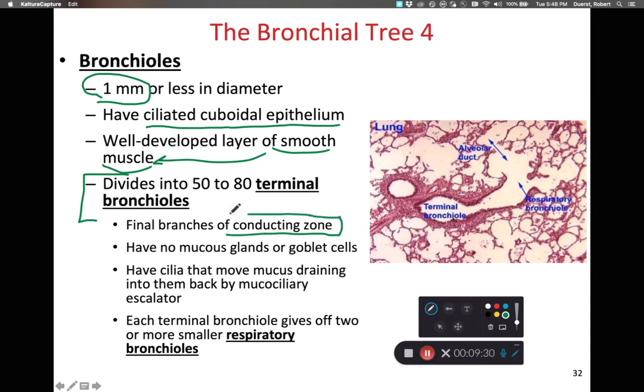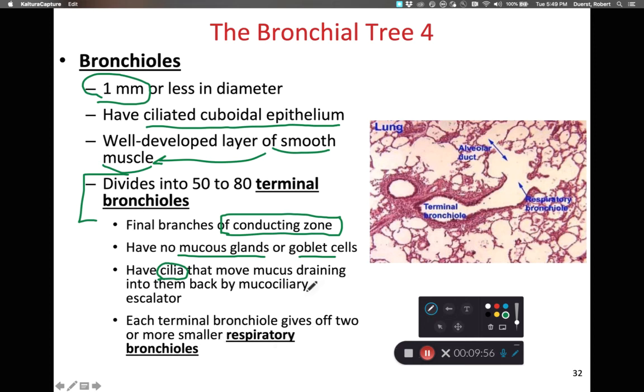If you don't remember, the conducting zone is all about moving air in and out of the body. It's not where we have gas exchange across a membrane. Our terminal bronchioles no longer have mucus glands or goblet cells, so we don't want to clog the lungs up with mucus at this point. They still are going to have cilia, so if some mucus does get down there, the cilia can still get rid of that mucus.